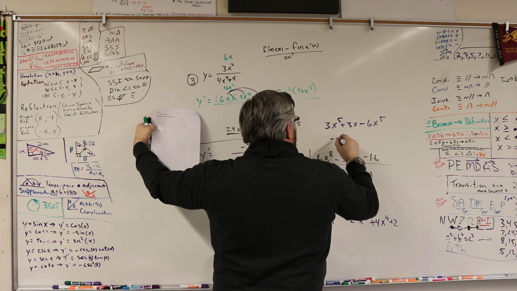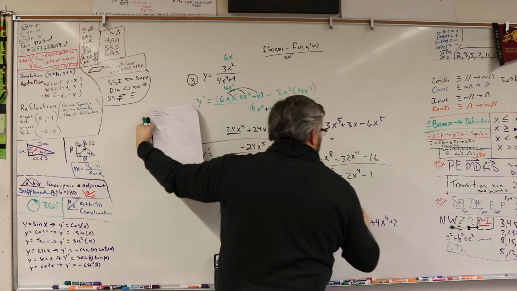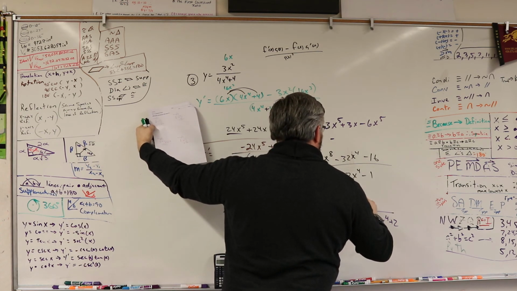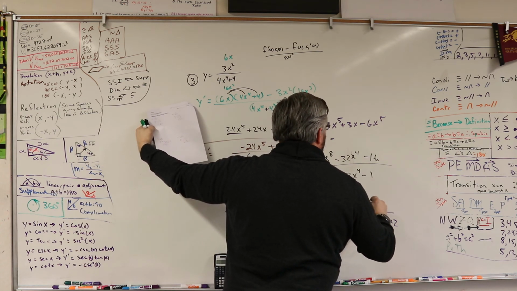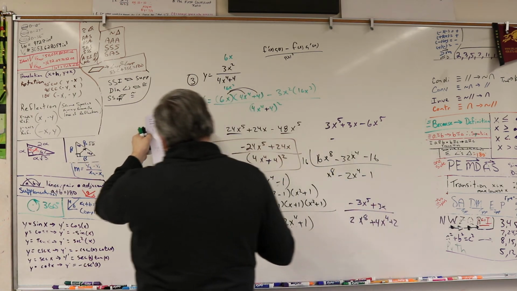So then I have minus 3x to the 5th plus 3x. Boom.